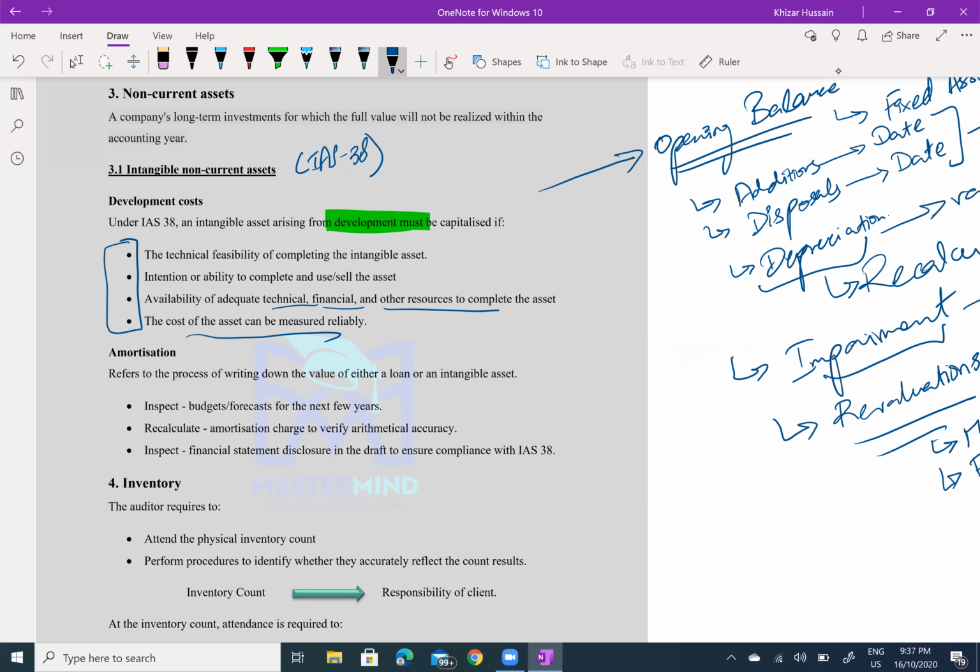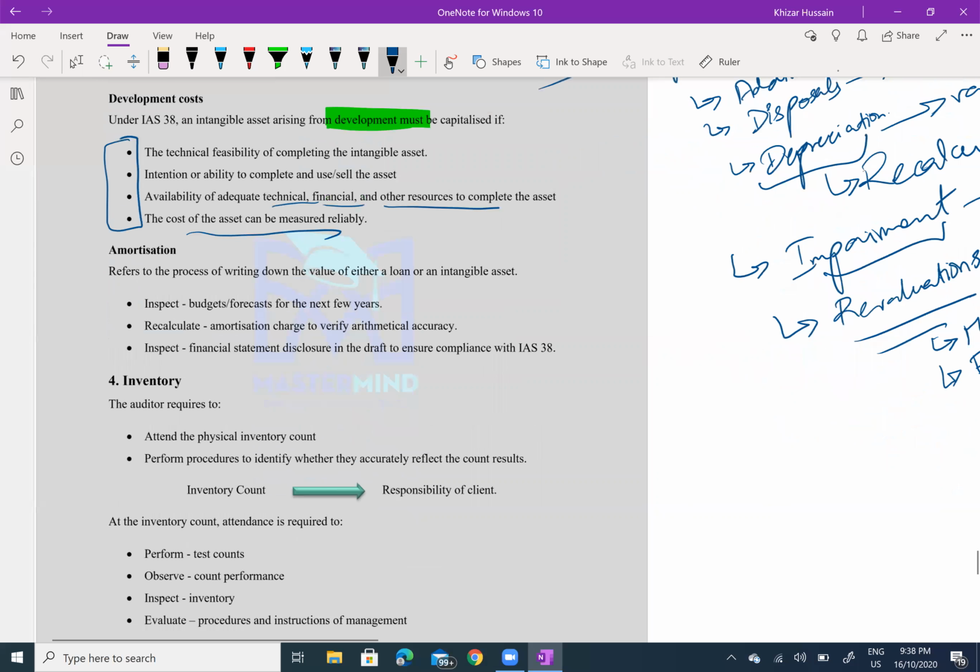TODs basically fall in the ambit of inspecting documents, obtaining evidence that will satisfy you with regards to the value that is being reported, the transaction that took place, and the disclosure that was given in the financial statements. Does it make sense, guys? Yes, sir. All right.